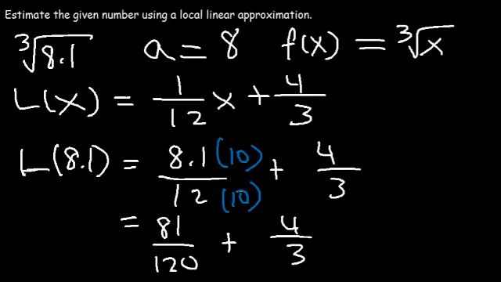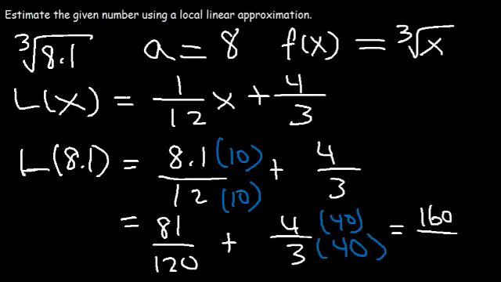So let's go ahead and get common denominators. Let's multiply 4 over 3 by 40 over 40. 40 times 4 is 160, and 3 times 40 is 120.